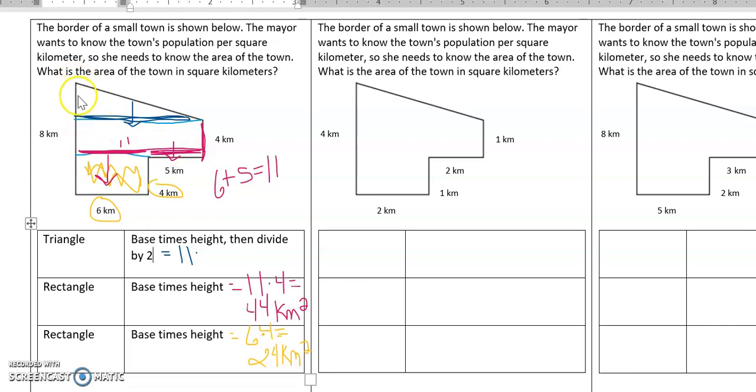So now I need my height. That's where again I have to use the numbers over here, the heights from the other two rectangles. All three shapes, when I put together the triangle, the rectangle, and the rectangle, I should get 8.